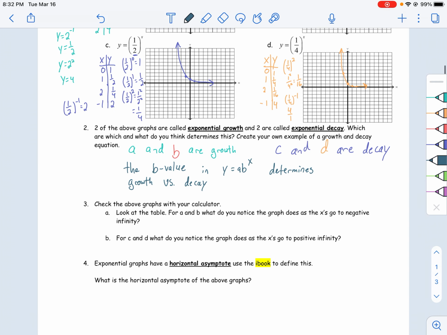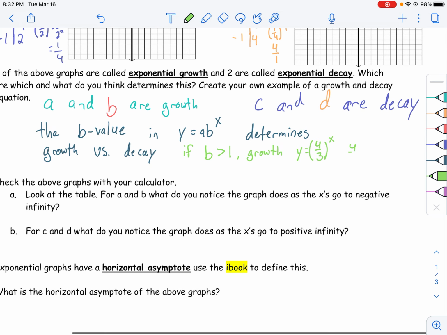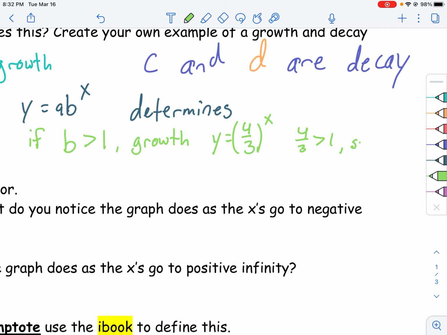All right? And here's what's going to determine it. If b is larger than 1, okay, this means we have growth. So like if we have y equals 4/3 raised to the x, 4/3 greater than 1, so it's growth.